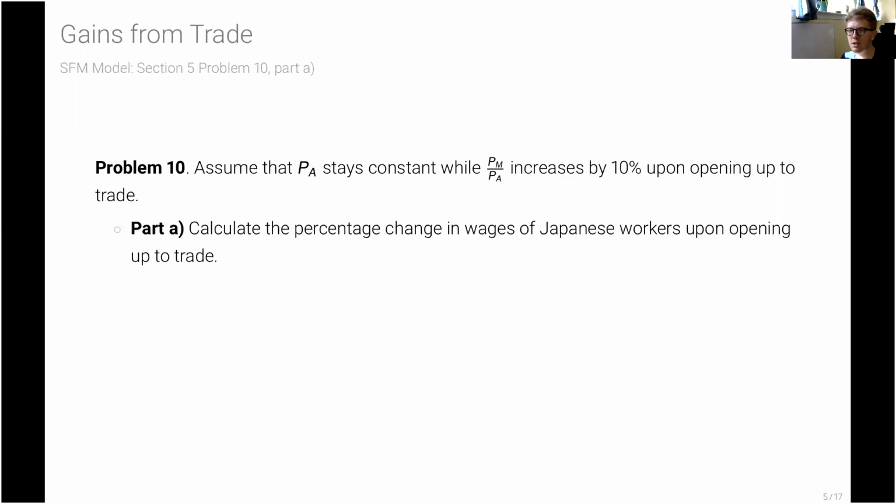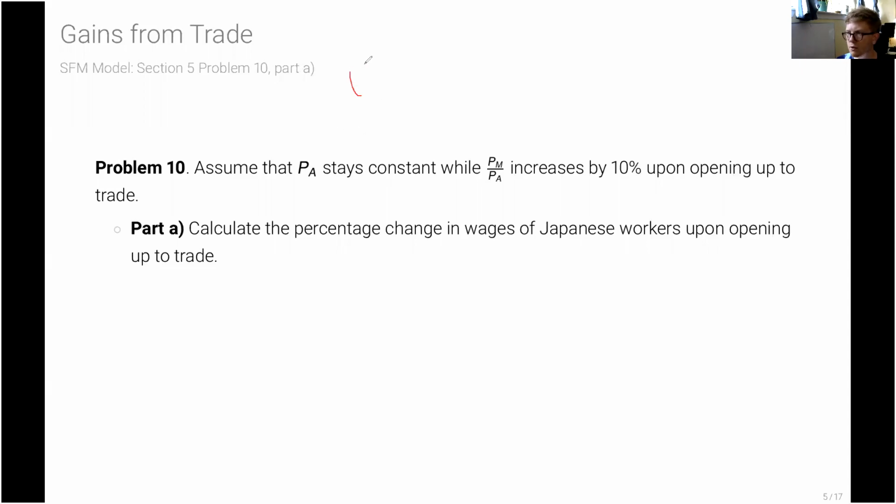So moving on to the next question. We assumed in section 4, problem 8, that the price ratio, PM over PA, increases by 10% upon Japan's opening to trade. And so now we're going to make this a little bit more concrete.